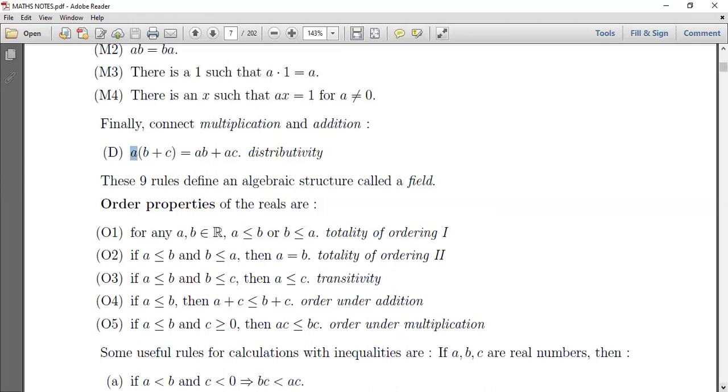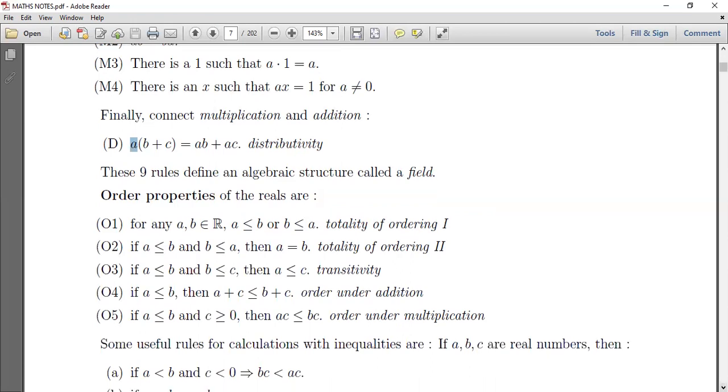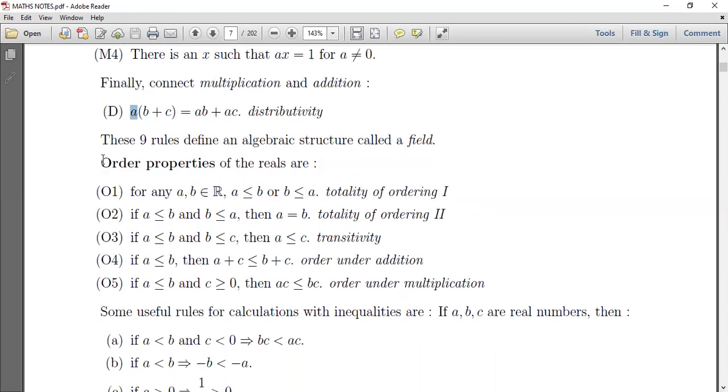Remember we talked about the algebraic properties, and now we talk about the order properties. Under the order property of real numbers, if you've got any two real numbers A and B, then either A is less than or equal to B, or B is less than or equal to A. One of these is always true.